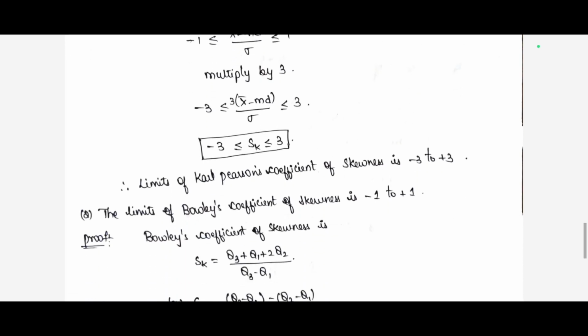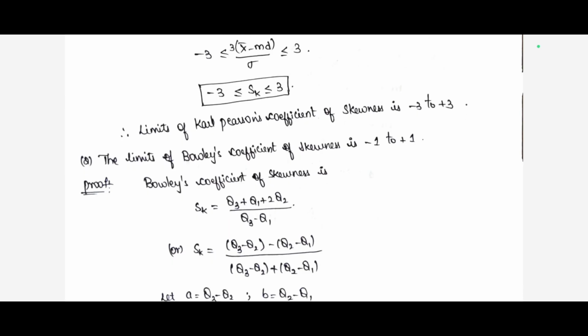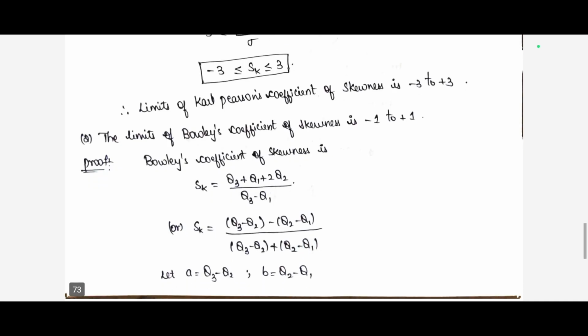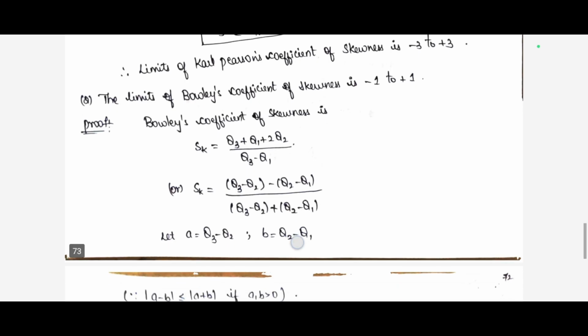Similarly, the limits for the Pauli coefficient of skewness: it always lies between minus 1 and plus 1. The Pauli coefficient of skewness SkB has the formula Q3 minus Q2 minus Q2 minus Q1, divided by Q3 minus Q2 plus Q2 minus Q1.